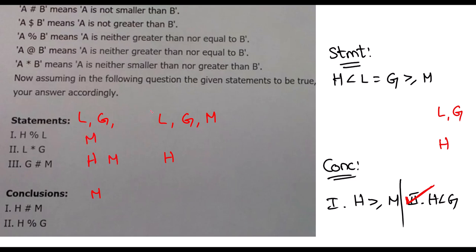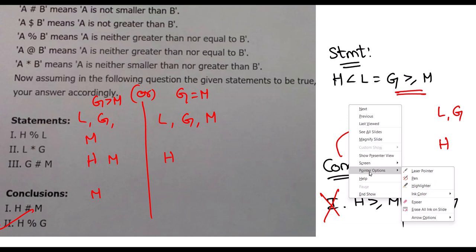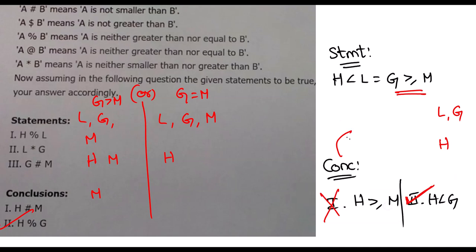We don't know. As per the statement, G is either greater than M or equal to M. So here I cannot give a relation between H and M. H equal to M, H less than M, H greater than M, I cannot decide. So that's why conclusion one is wrong. Conclusion means definitely true, always true. If there is doubt, it's not a conclusion.